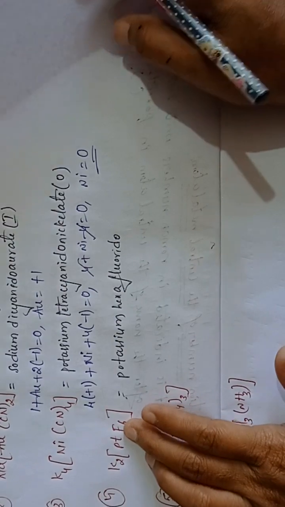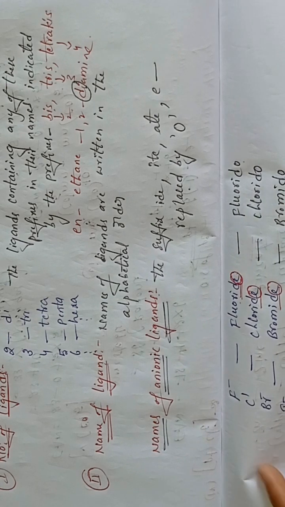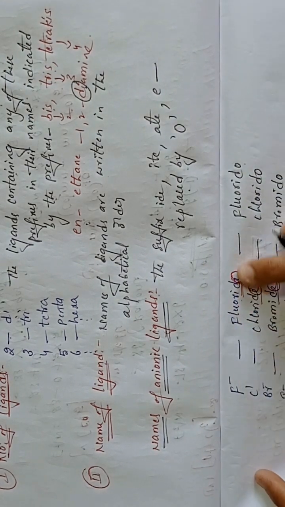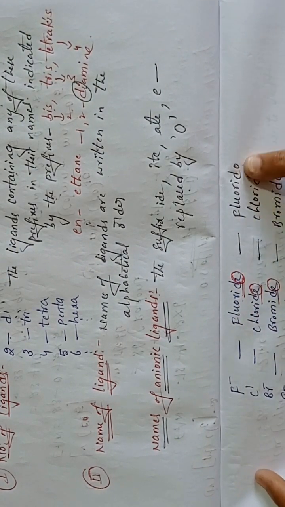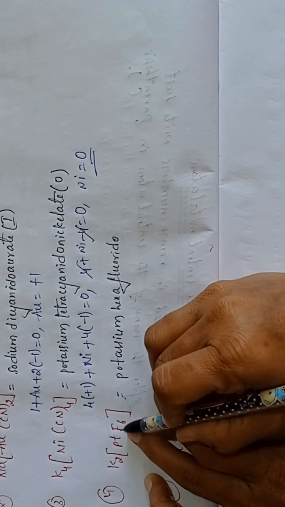Hexa. F means fluorido. When you are writing the name of the ligand, negative ligands I told you that you have to follow, students. Negative ligand F minus, fluoride, fluorido. So this is fluorido. So name of the ligand over.